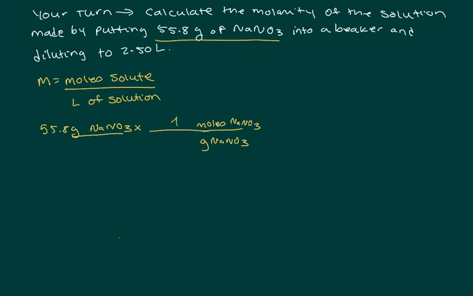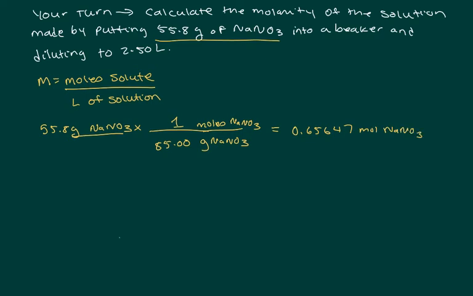Okay, and for every 1 mole, the molar mass is 85.00 grams. And so we end up with 0.65647 moles of NaNO3, or sodium nitrate.